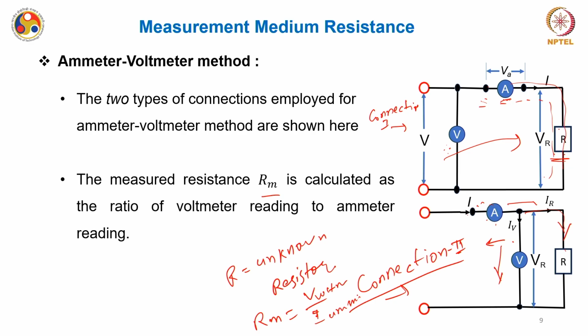Now one thing is sure: this Rm is not equal to R. This is for sure, because we have just seen that there is a certain voltage drop across the ammeter, as well as the voltmeter drawing some current, in connection 1 and in connection 2. In both cases this is not getting satisfied.